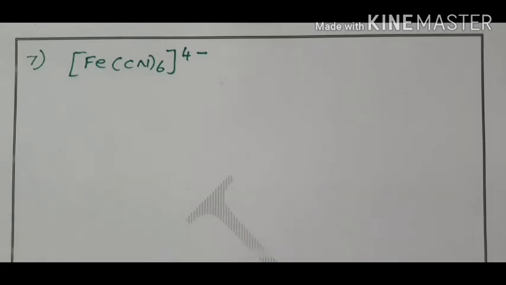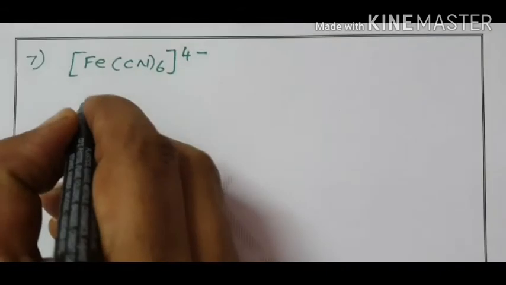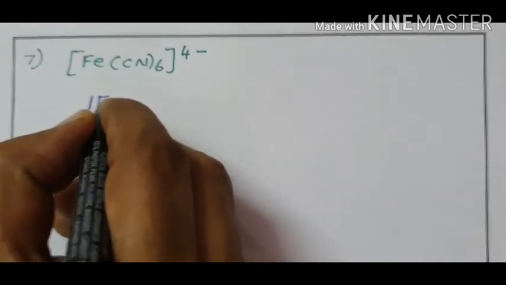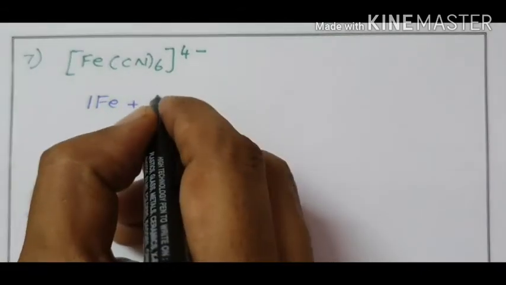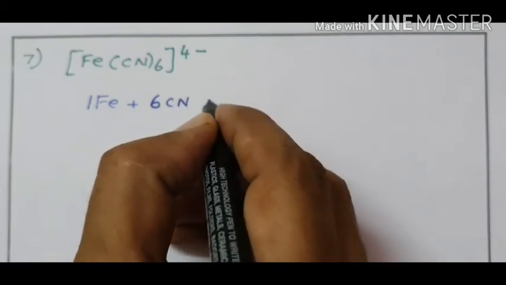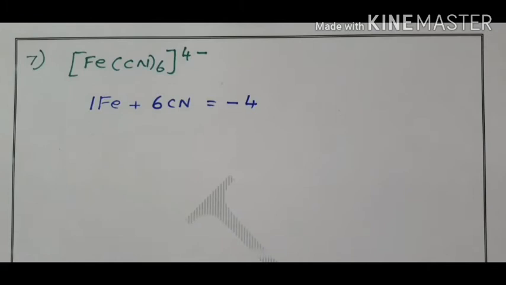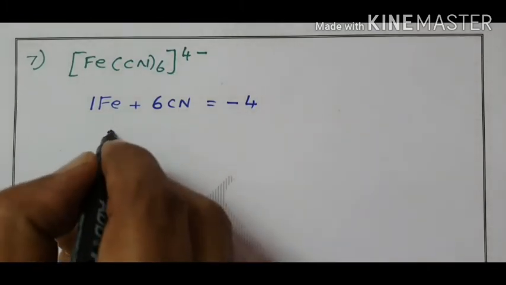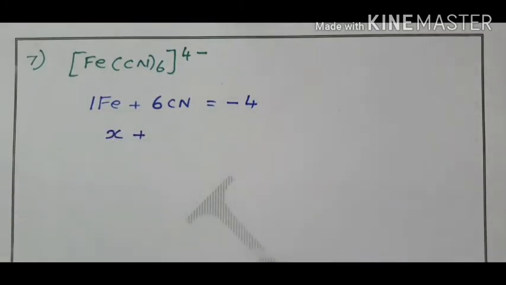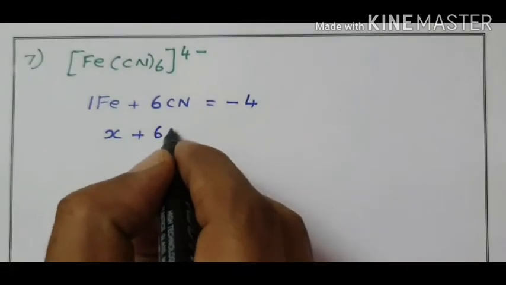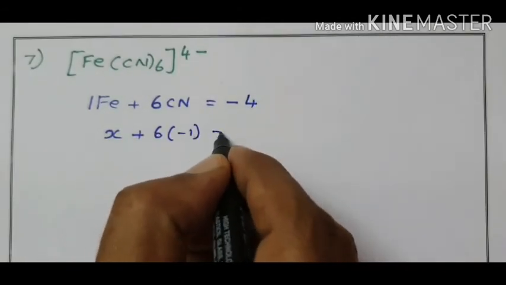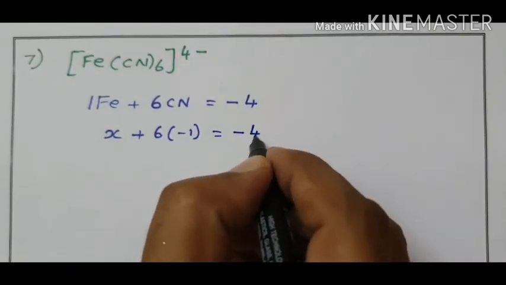So our work is to separate the atoms. 1 Fe, how many CN? 6 CN, that is equal to minus 4. 6 into minus 1 equal to minus 6.